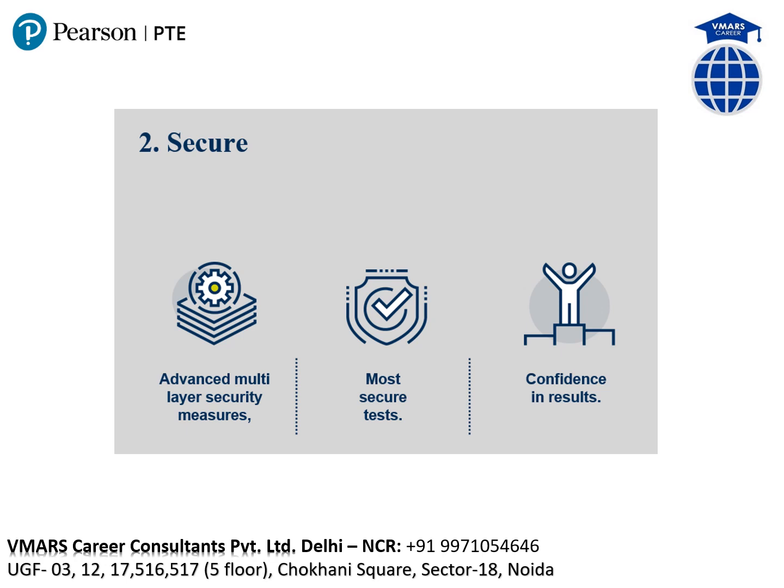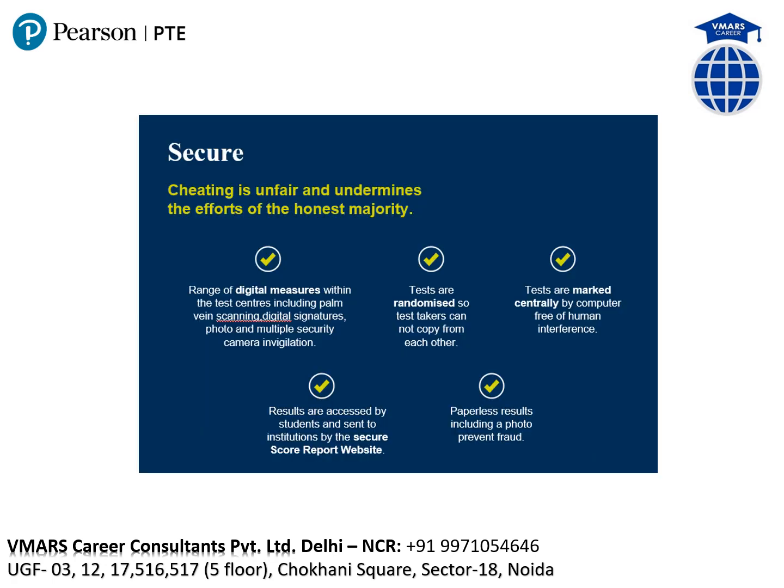It is secure. It has advanced multi-layer security measures and it is the most secure test and the results are also in confidence. The first point here is a range of digital measures within the test centers, which include your palm scanning, digital signatures, photo and multiple security camera invigilation.